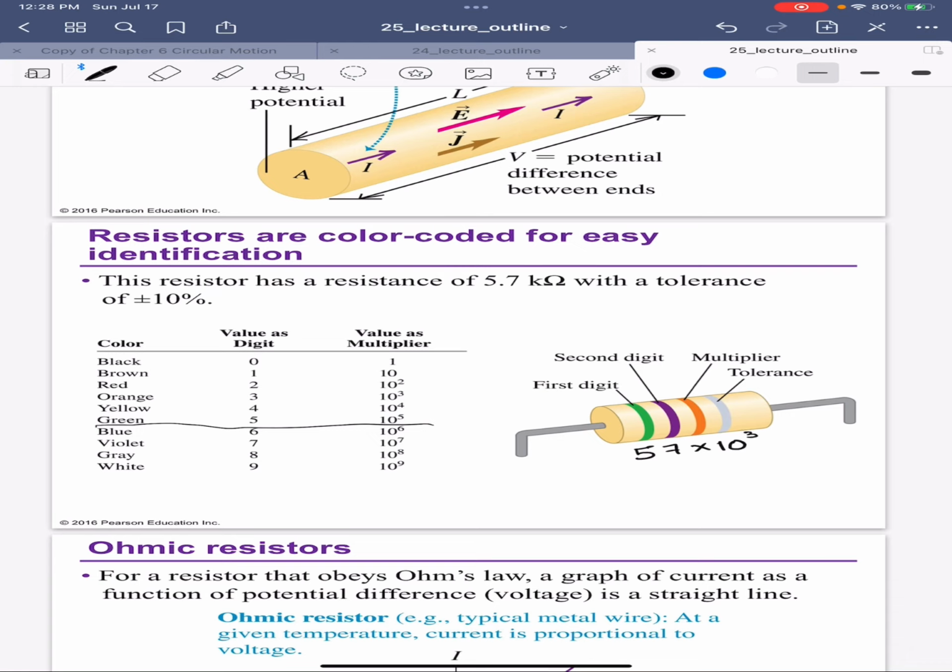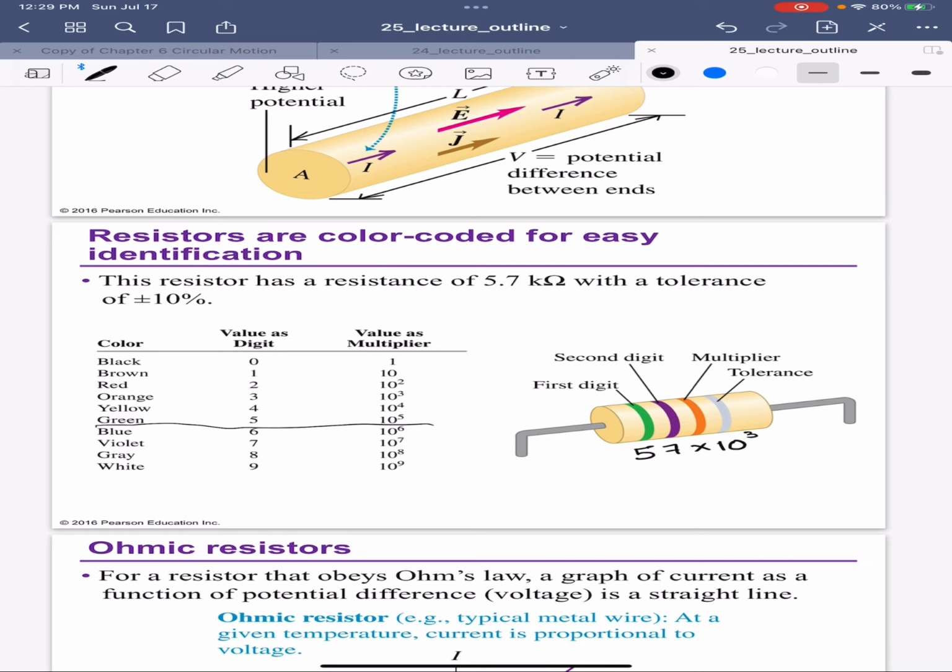And the tolerance, it is silver or gray here, let me see the tolerance here. Yes, it is gray, 10 to the 8. Usually for tolerance, we use gold and silver.